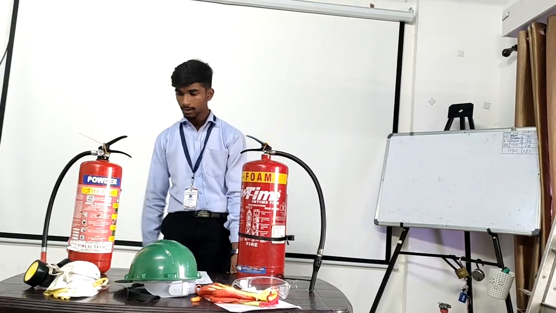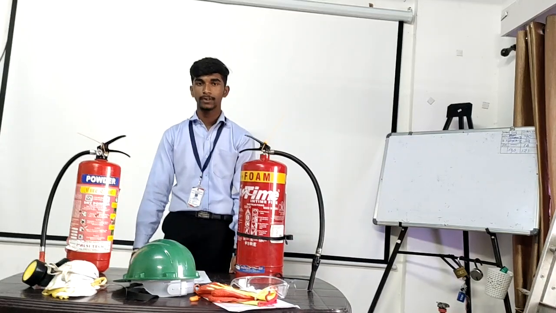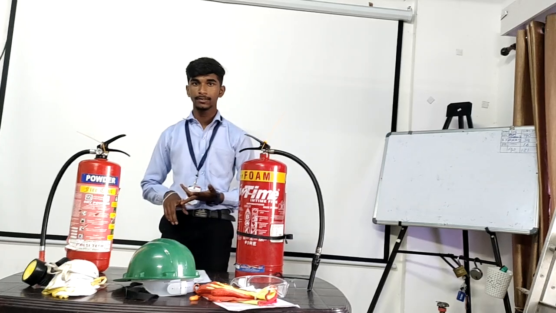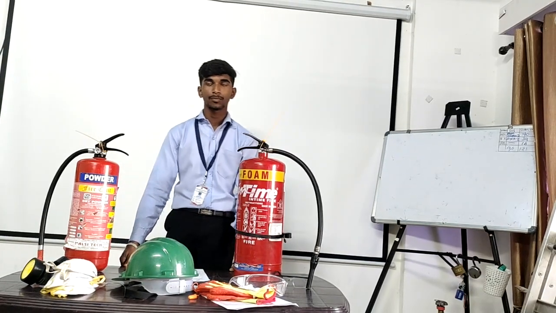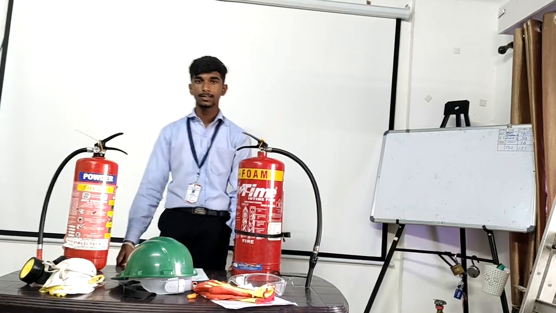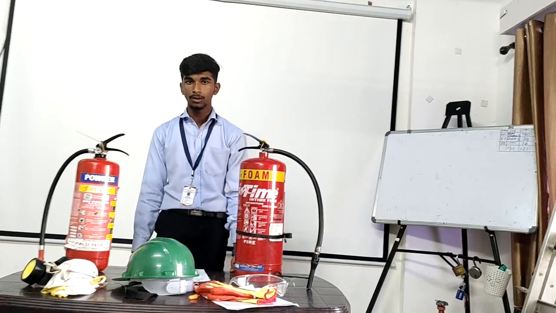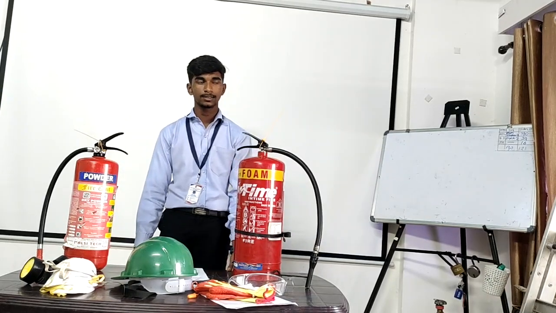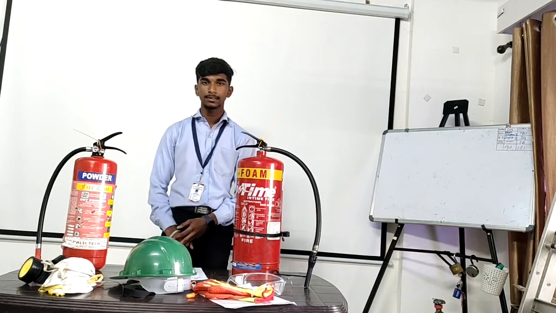Now I am talking about fire extinguishers and types of fires. There are five types of fire: Class A, Class B, Class C, Class D and Class K. Class A fire refers to ordinary combustible materials, such as paper or wood. Class B fire is liquid fires, such as petroleum or any flammable liquids.